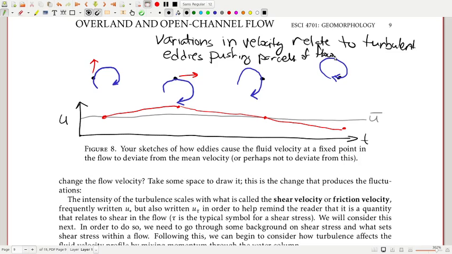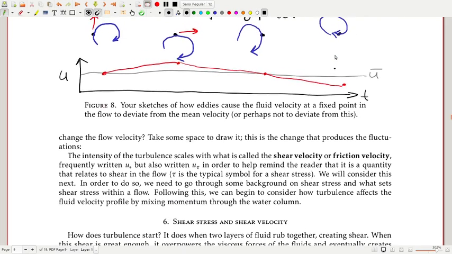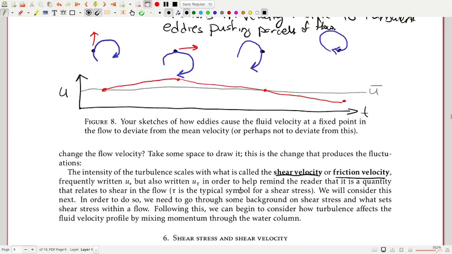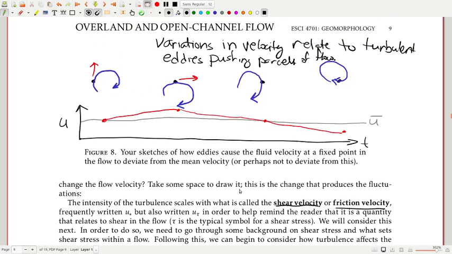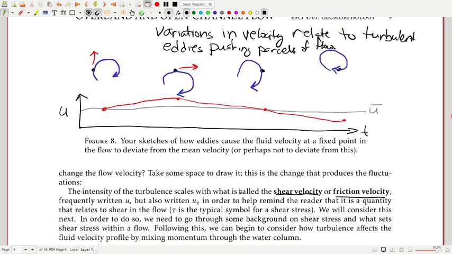So we have a term that we use to describe the intensity of turbulence, and that's something that we call the shear velocity, or sometimes friction velocity. So if we want to know how big these eddies are, we want to talk a little bit about how strong the shear velocity term is, and the shear velocity in fact relates to the shear stress in the channel.